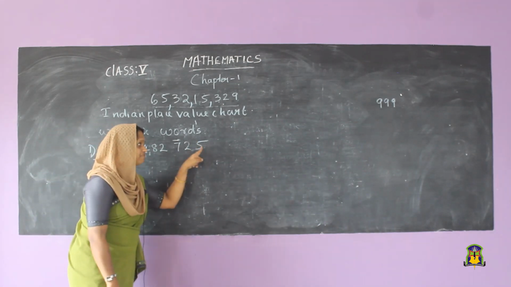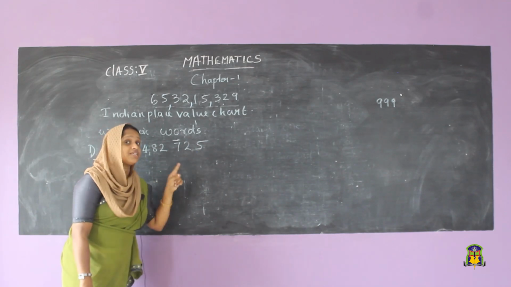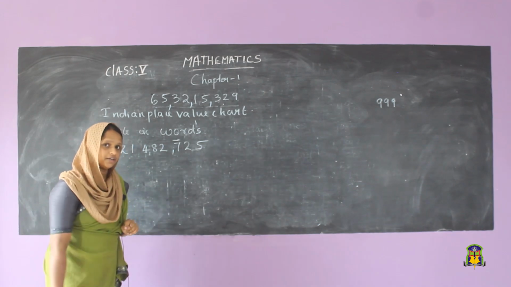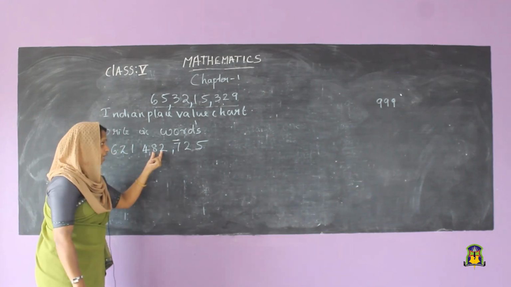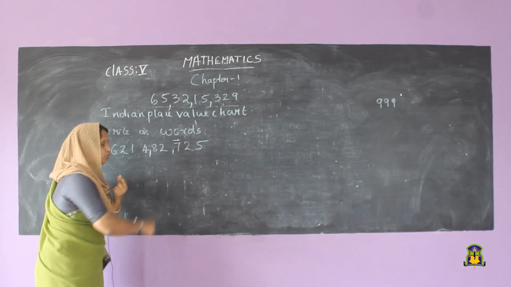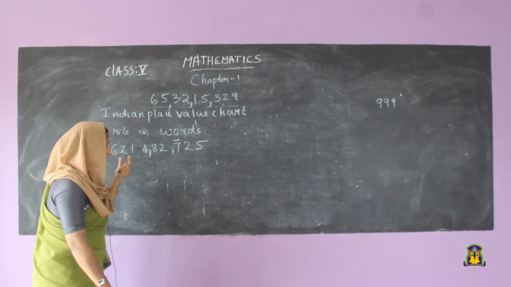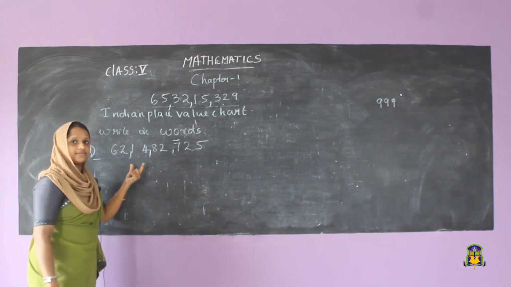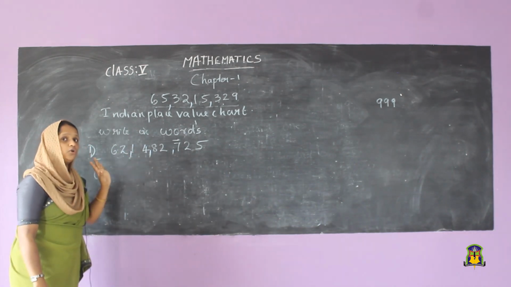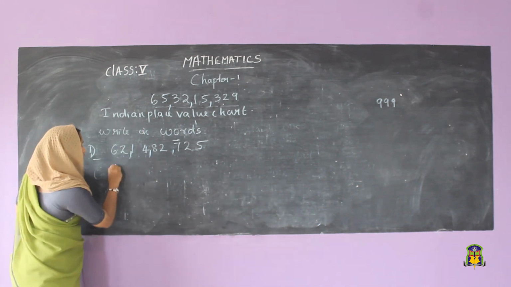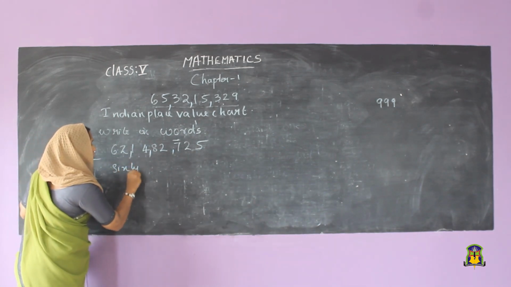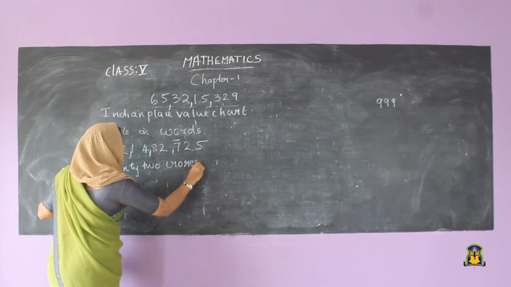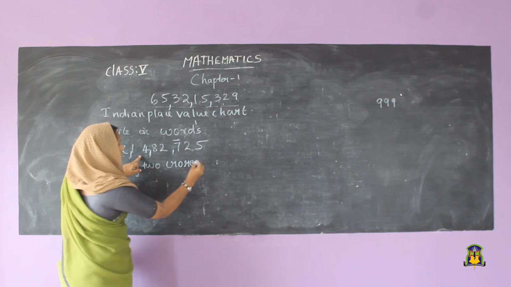From the right, 3 digits go under the ones period. So first we put a comma here. Next, the thousands period. Again I put 1 comma. Next comes lakhs. Here lakhs. Next here 62 crores. How to read this?